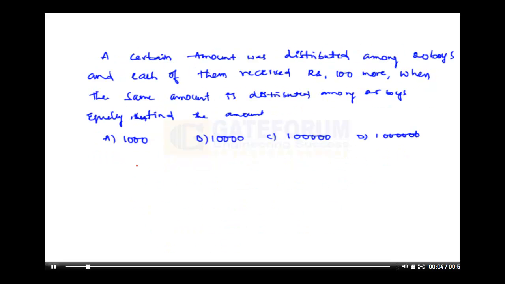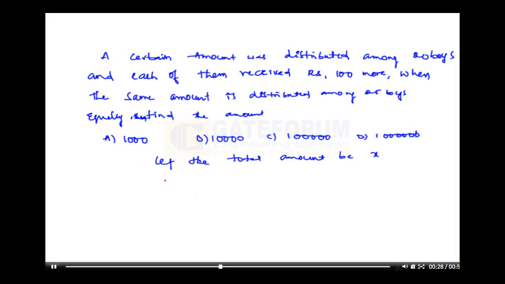An amount is distributed among 20 boys, and each of them would receive rupees 100 more than when the same amount is distributed among 25 boys equally. Now we have to find the amount. Let the total amount be x.